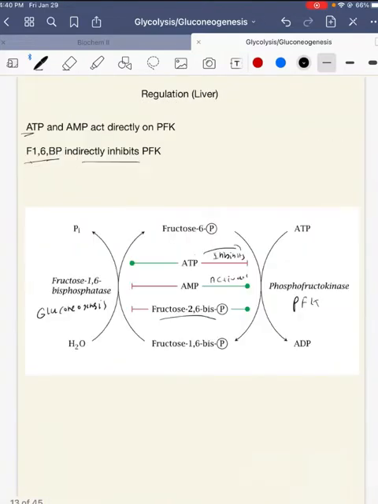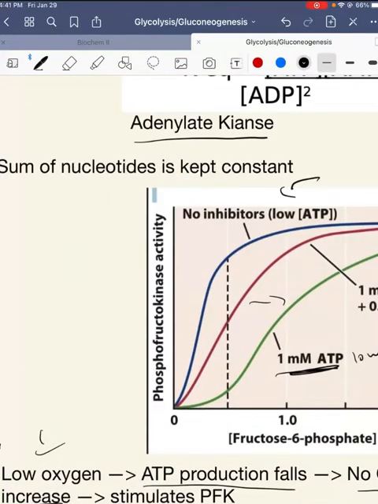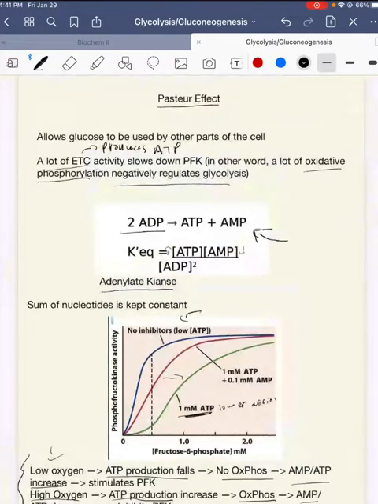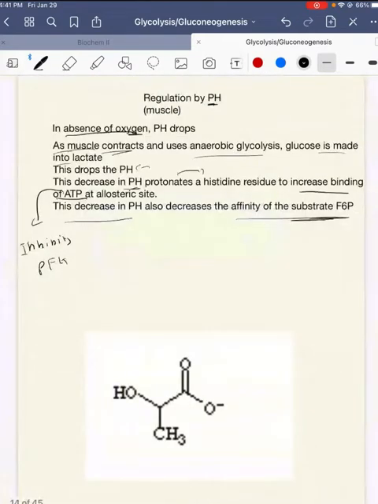In other normal cells that mainly rely on the electron transport chain, the low oxygen levels indicate that ATP production falls, and that will stimulate PFK. Hopefully that's not too confusing. Just know that when the pH drops, mainly in muscle cells, this will inhibit PFK.